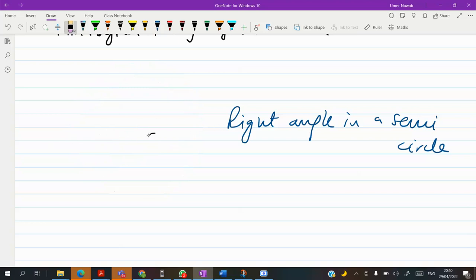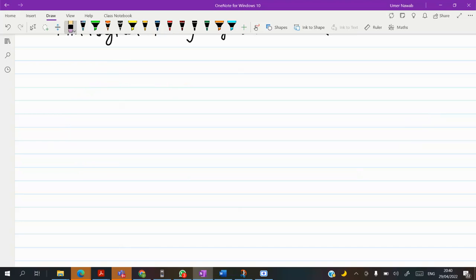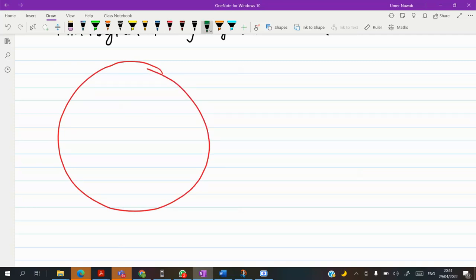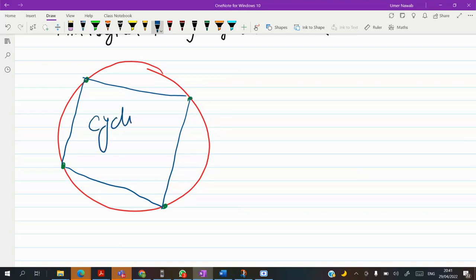Now come to the fourth property, boys. The fourth property is a famous property. You know that a polygon which has four sides is called a quadrilateral. But if all the four vertices of the quadrilateral are on the circumference of the circle, then that quadrilateral will be a special quadrilateral, and that quadrilateral is called a cyclic quadrilateral.